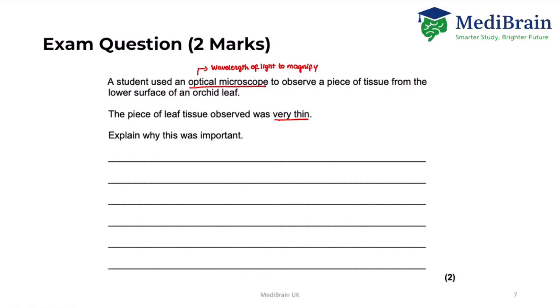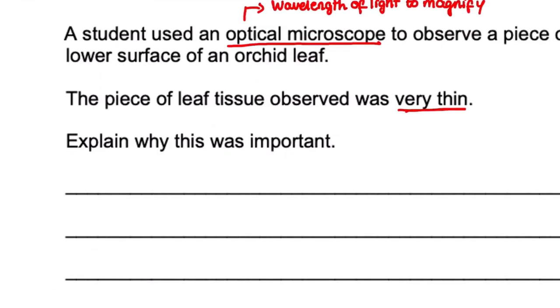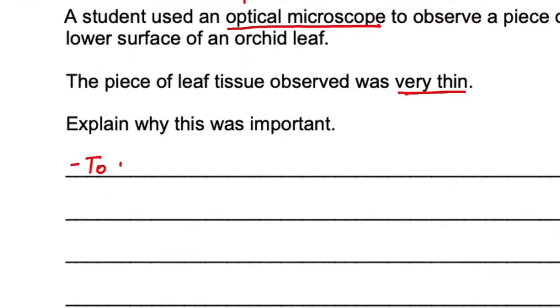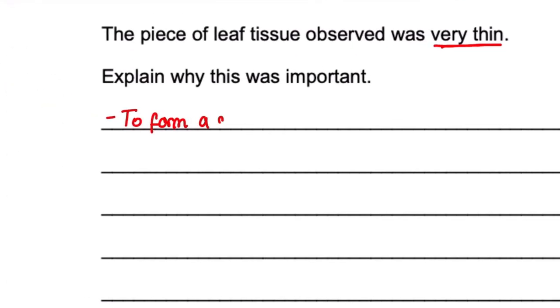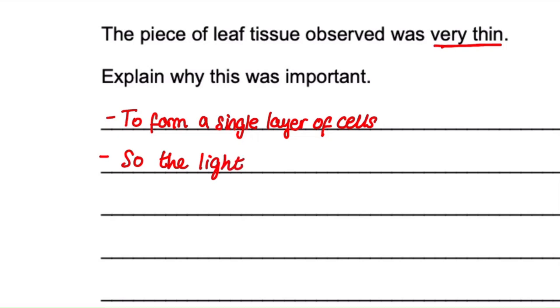It's a single layer, okay? It's a very thin layer. And the reason why it's important is so that you can form a single layer of cells, so the light can pass through.